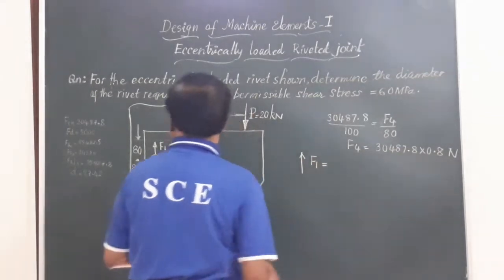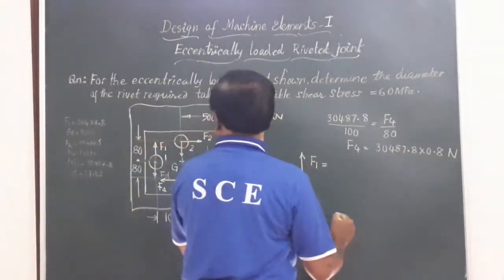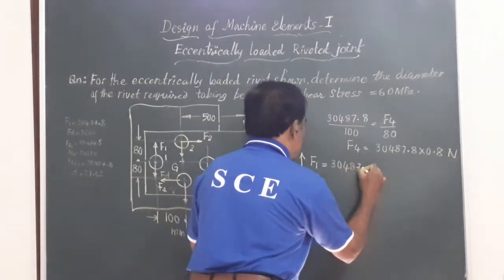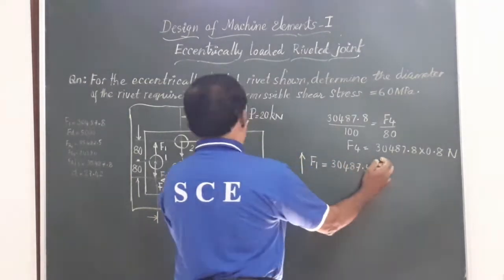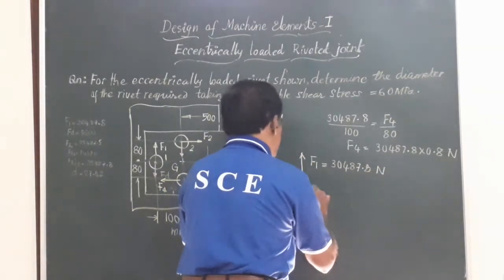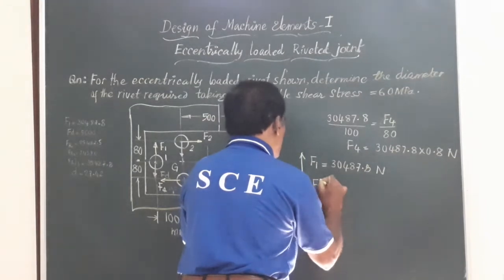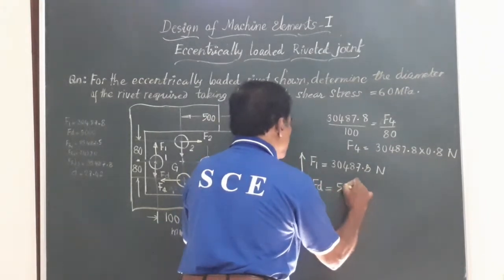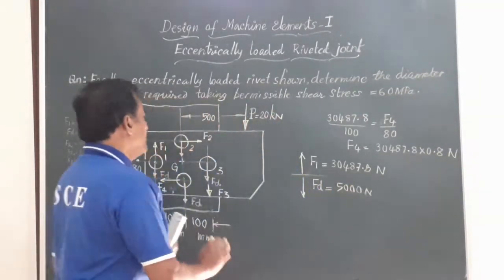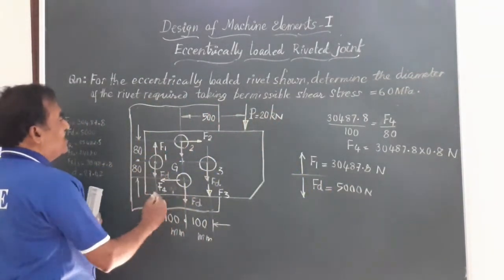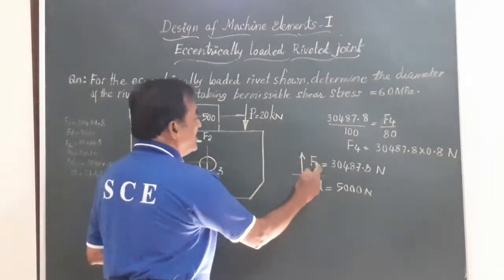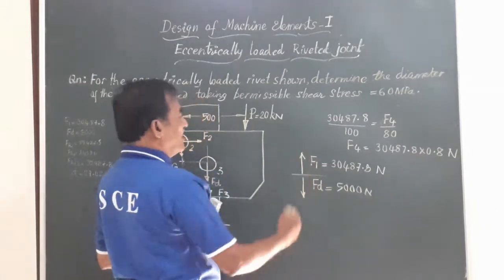The magnitude of that F1 is 30487.8 Newton, which is acting upwards, whereas at rivet number 1, the direct shear load Fd equal to 5000 is acting downward. The effective load on this rivet will be the difference of these two, acting in the upward direction.